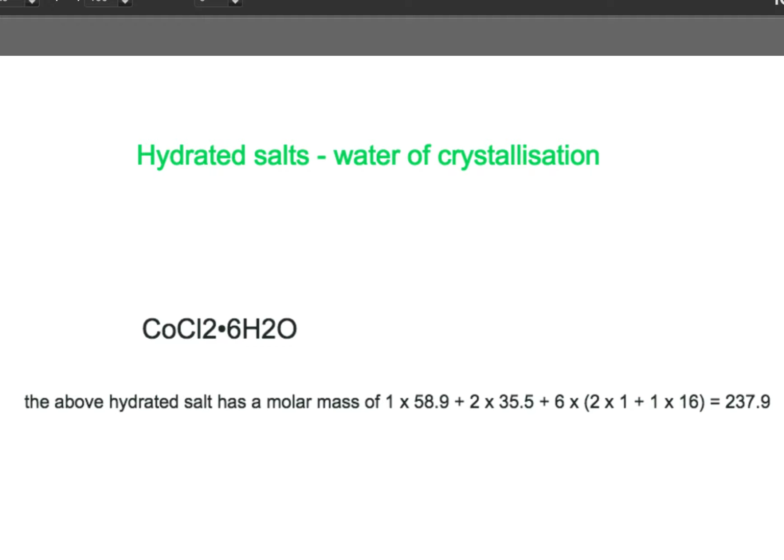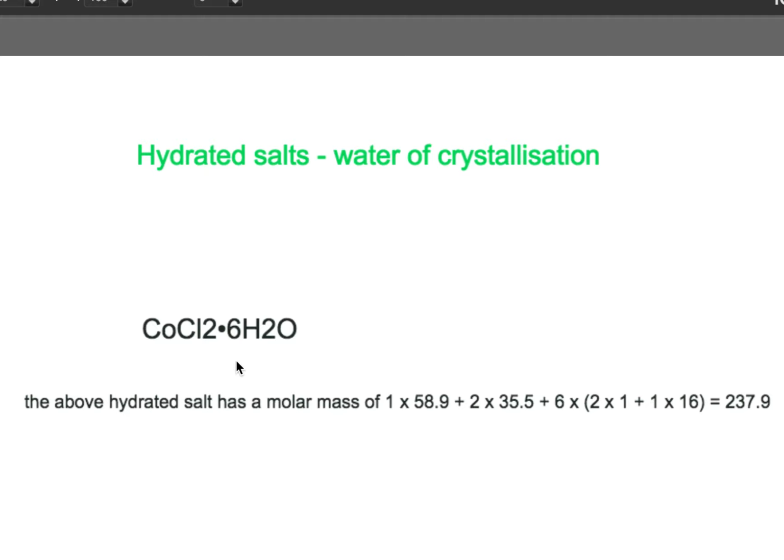Finally, let's move on to hydrated salts, water of crystallization. So it's basically salts that are also loosely attached to water molecules. Let's say you have this compound, cobalt chloride. Well, the hydrated version of it would be cobalt chloride 6H2O.